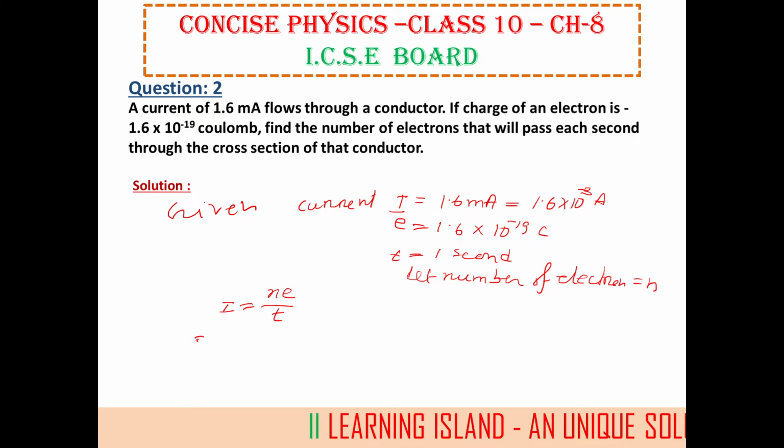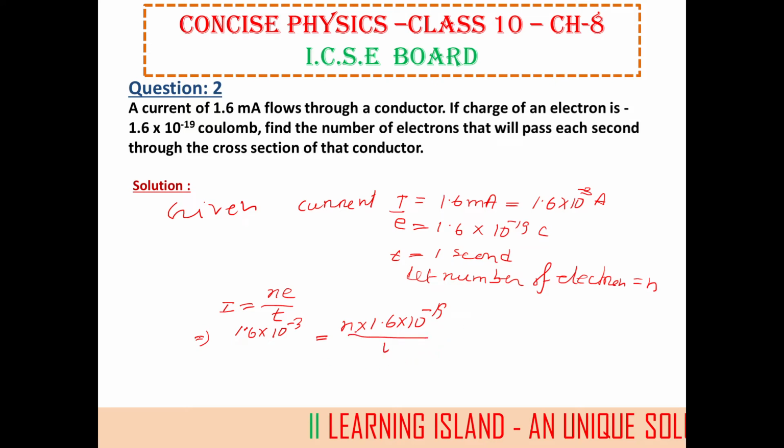You see I is given, it is 1.6 into 10 to the power minus 3 ampere, and it will be equal to n into the electron charge e, 1.6 into 10 to the power minus 19, divided by 1 second, because time is 1 second.